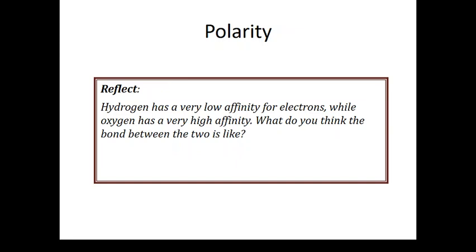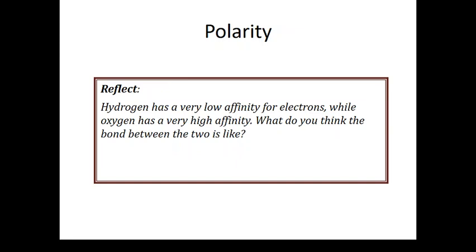So when we're looking at hydrogen, we know hydrogen actually has a very low electronegativity. Well, we know oxygen has a very high electronegativity. Remembering the trend on the periodic table, as we go up and to the right, we have an increase in electronegativity. So what do you think the bond between a hydrogen and an oxygen would actually look like?